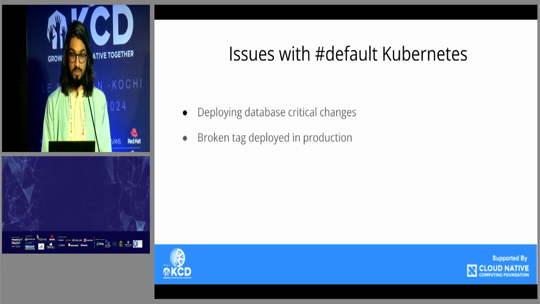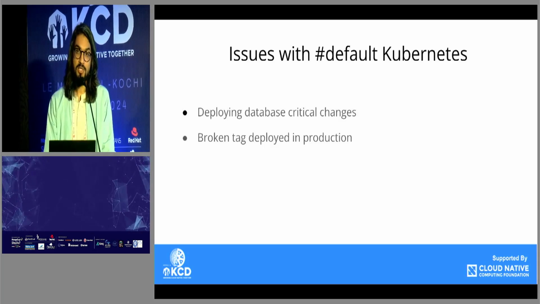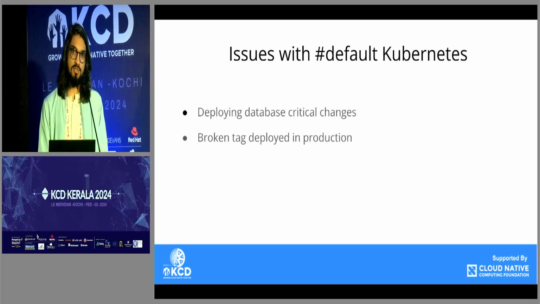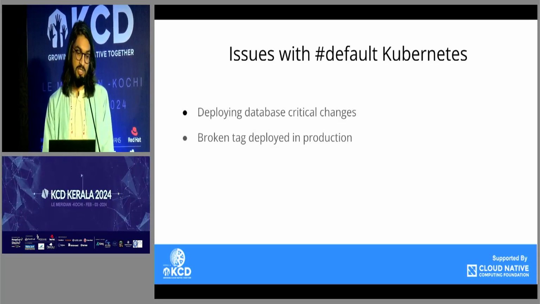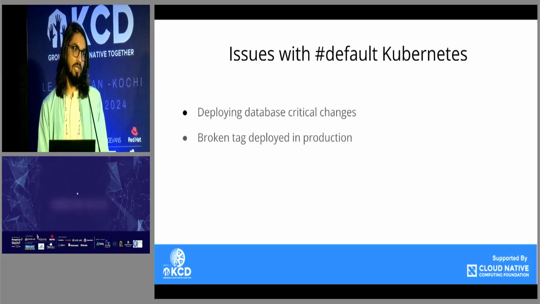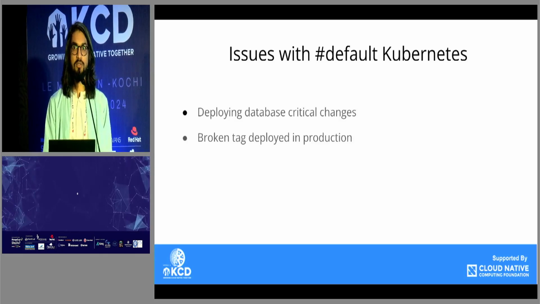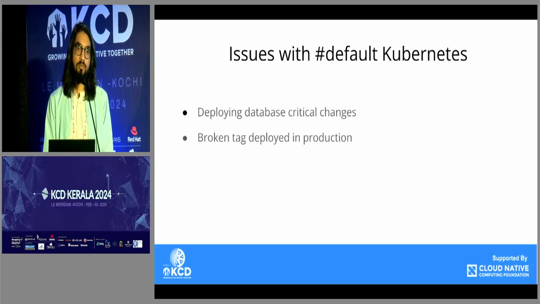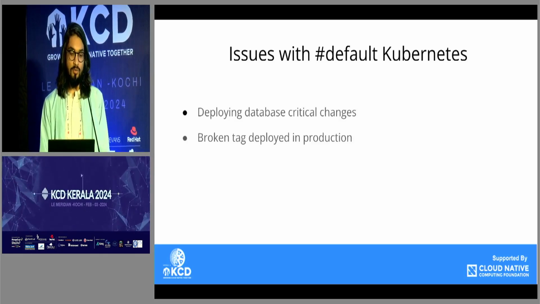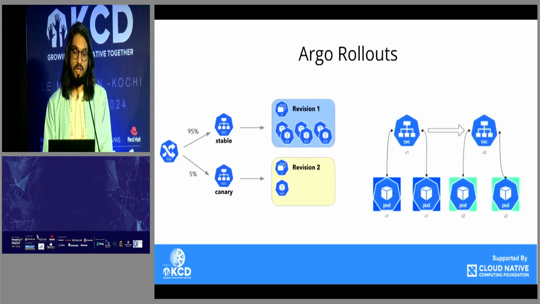So that was our solution, but the default Kubernetes deployment does not support such things. And let's say at that point of time you would also want to do a canary deployment. So for those things, we relied on Argo Rollouts.